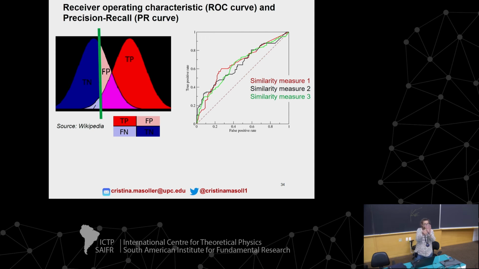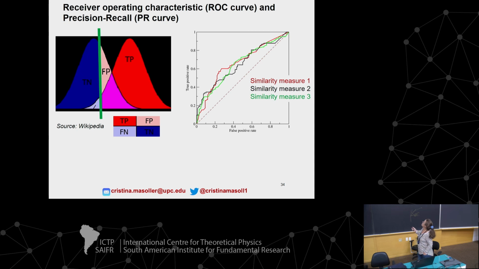But of course, there is not a clear boundary, so if you use a threshold here, all this part of the distribution will be considered positives, and these are false positives because they don't exist, okay? And if you put the threshold here, all these, which are true positives, will be false negatives because you don't detect them, since they're below your threshold, okay?